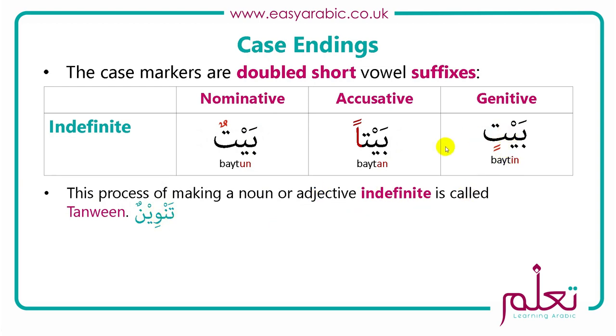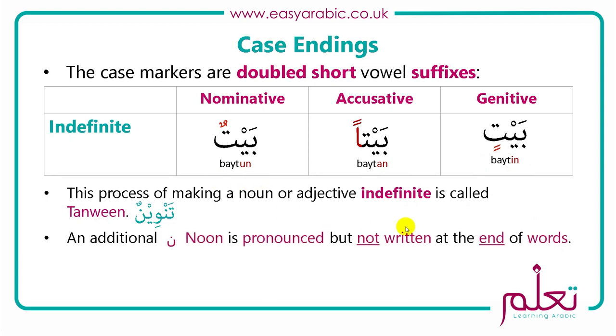So this is tanween, and if you look at the narration video that I posted earlier on, that explains this in more detail. So the additional n sound is pronounced, but it's not written at the end of the words. Okay, and if a noun was definite, and it was prefixed with al, the al would be dropped.